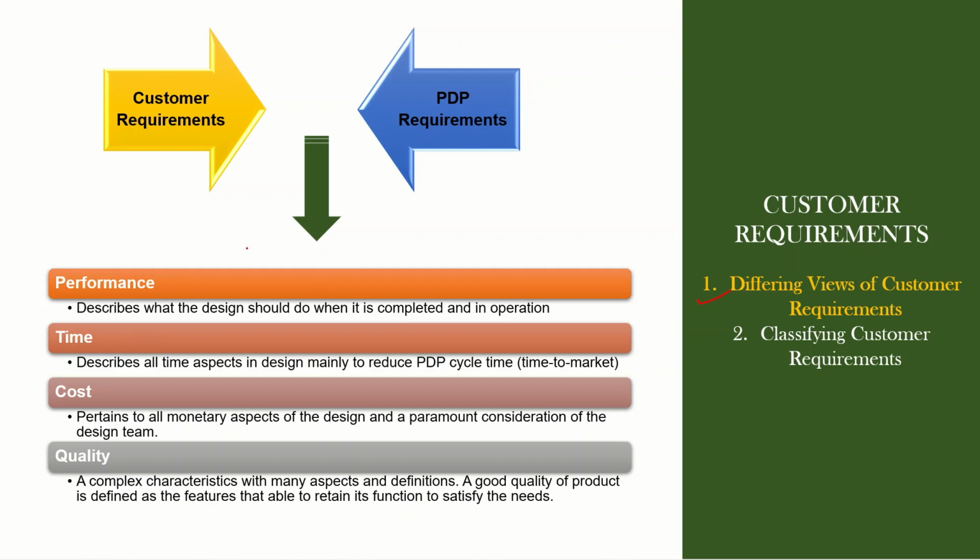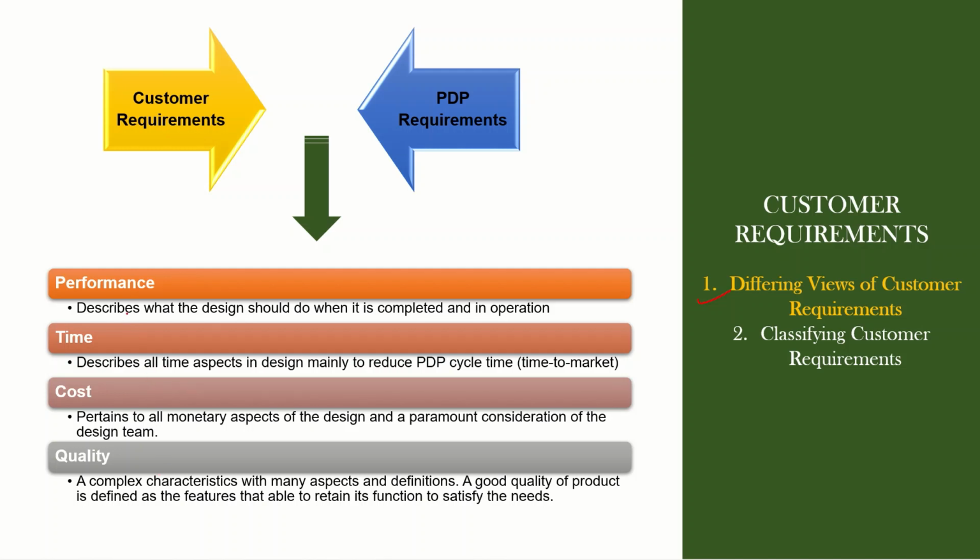So the combination of the customer requirements and the PDP requirements, which is the product development process requirements, requires four aspects in the design process, to streamline between the customer requirements and PDP requirements: performance, time, cost, and quality.